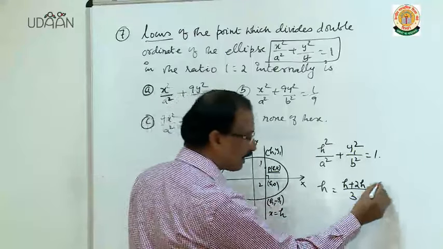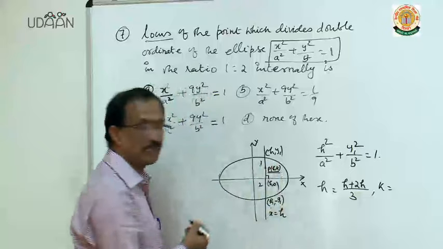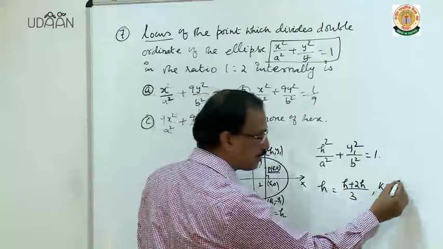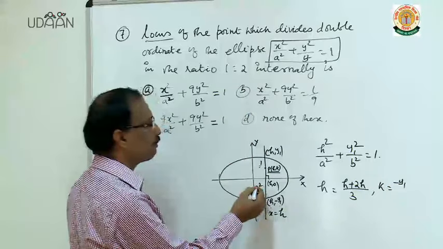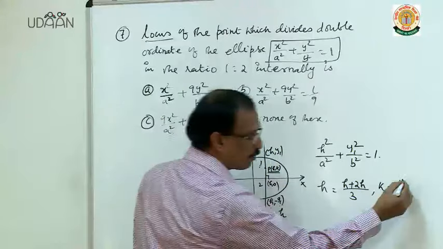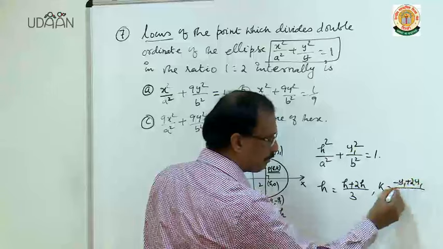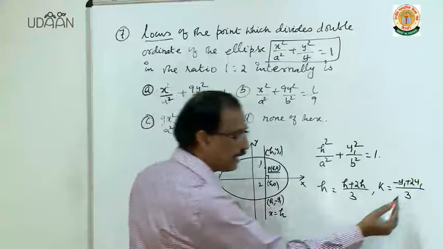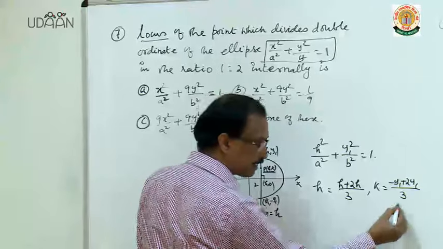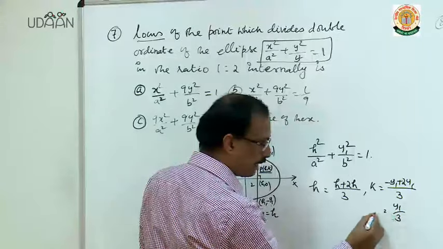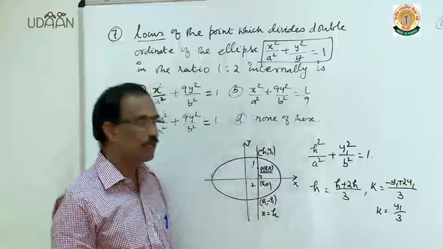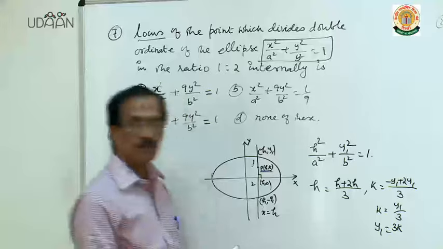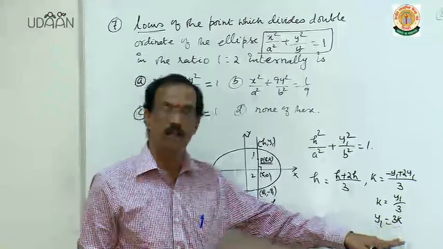Then k equals (1 into minus y1 plus 2 into y1) by (1 plus 2), that is 3. So we get 2y1 minus y1, y1 by 3, equal to k, or y1 equal to 3k. So we got the value of y1.